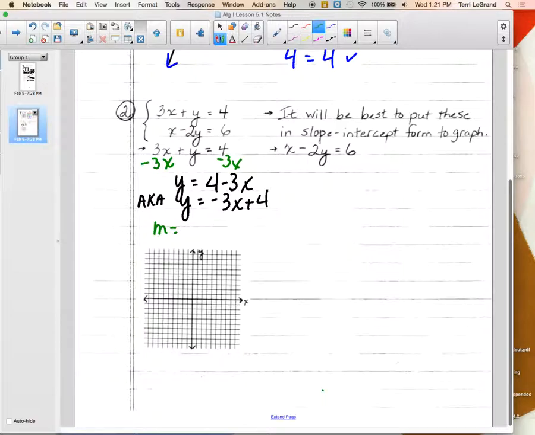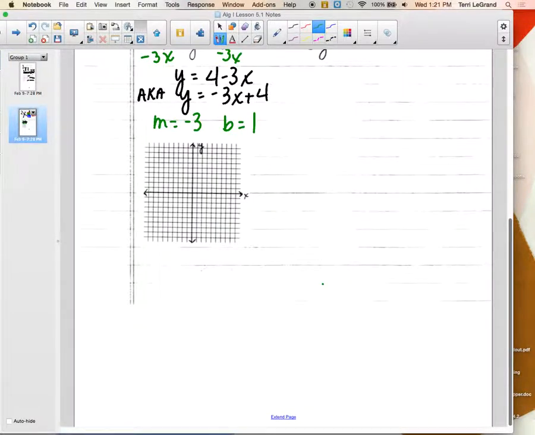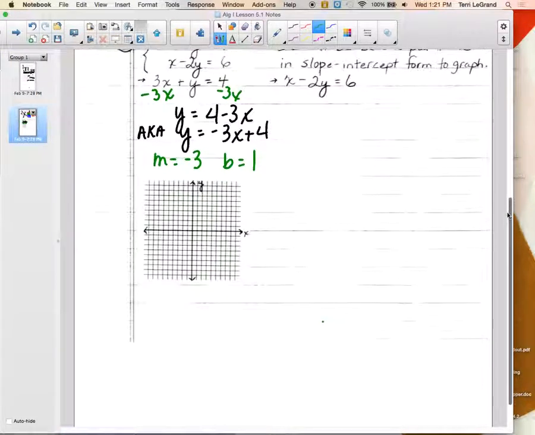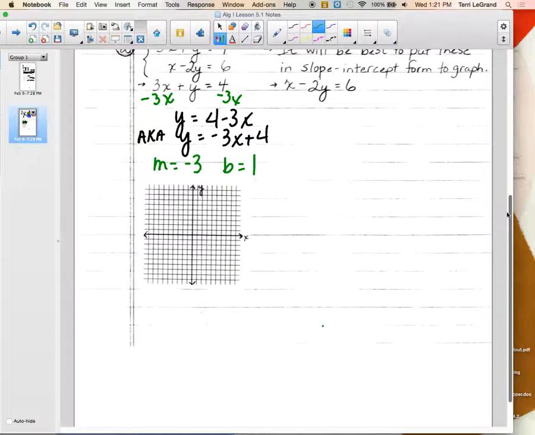What's its slope? -3, and its y-intercept is 1. Let's just go ahead and do that one before we even work with the other one, okay? Let's get that one graphed. Wouldn't it be 4? The y-intercept? Yeah, that'd be a better y-intercept. Go with 4. Thanks for catching it before I started graphing.